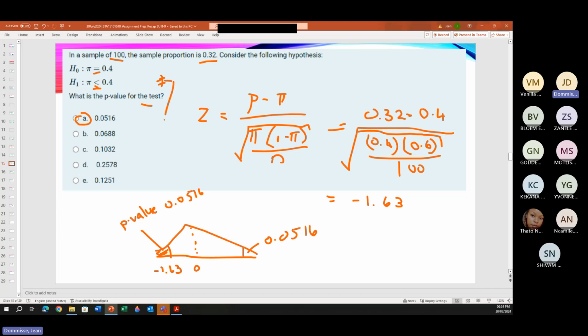If it was two-tail, then the option would have been option C.